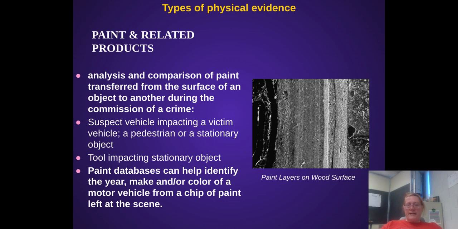It'll help narrow down who it is. You can also peel off layers and see the different layers on something from a tool. And then there's also just the analysis: this is paint from a car, this is paint from something else.